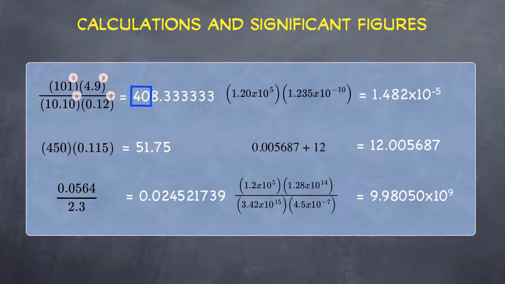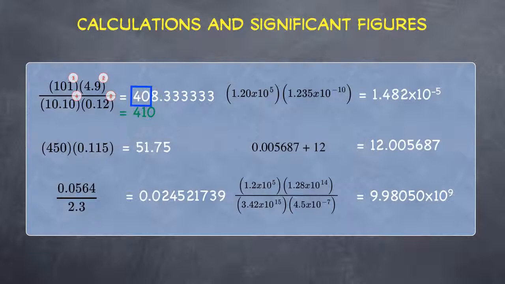So I'm allowed to report the 4 and the 0, but not the 8 and any of the 3s. So the final answer is going to be 410. Now you notice I did round up because that 0 is really close to a 1, closer to a 1 than it is a 0 because the next digit's an 8.